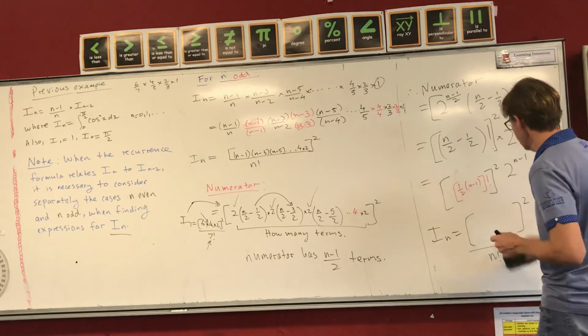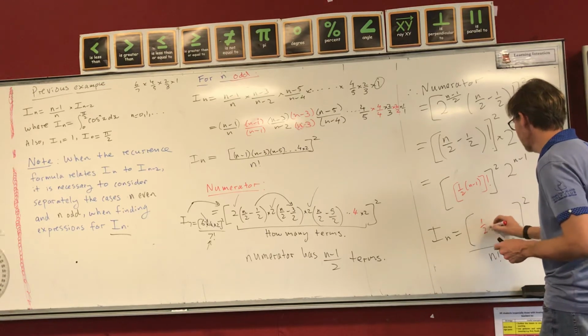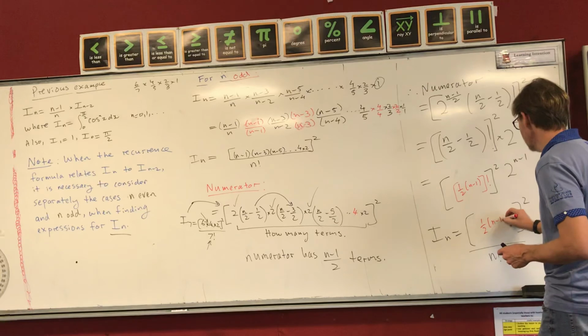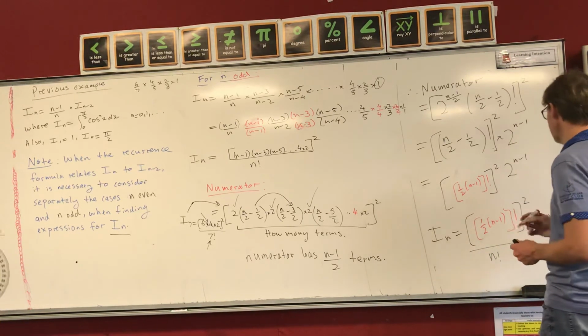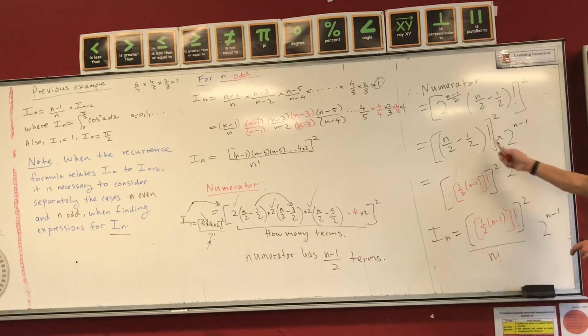And ditto here, half outside of n minus 1, that's factorial. That's better, yeah. That factorial applies to the whole expression there, so you need to keep those brackets in. Quite complicated, but you can see how we've got different expressions for the n even and n odd. So that's all good, all squared and factorial too.